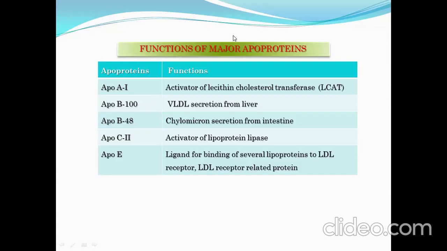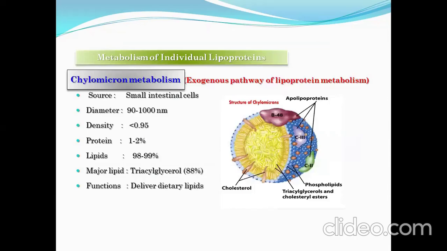Apo C2 activates the lipoprotein lipase enzyme, and then lipoprotein lipase functions. Apo E is the ligand for binding of several lipoproteins to the LDL receptor related proteins. All these are important apoproteins and their respective vital functions.